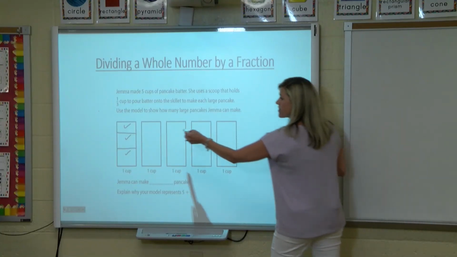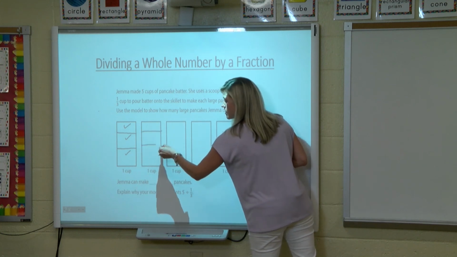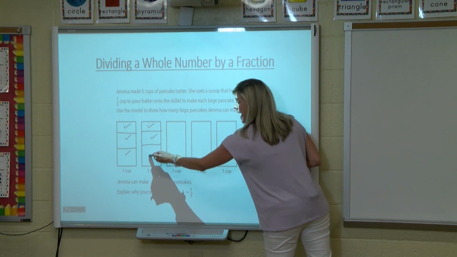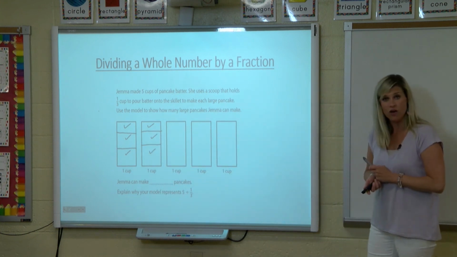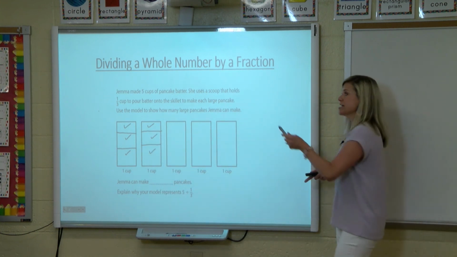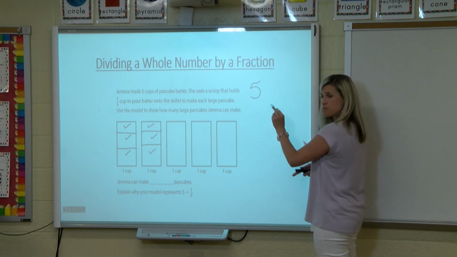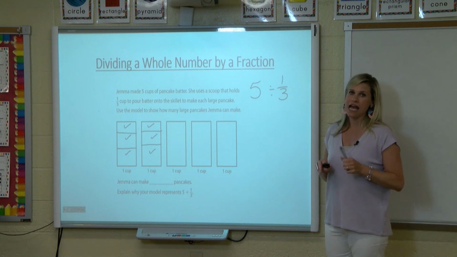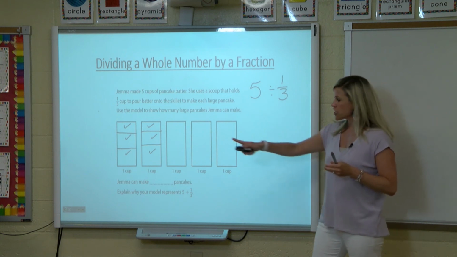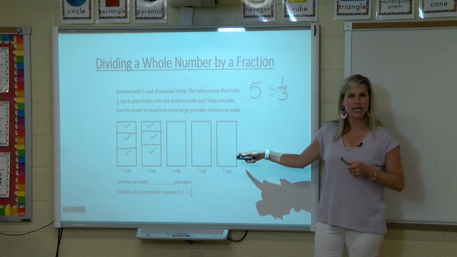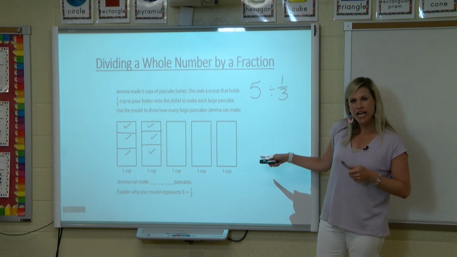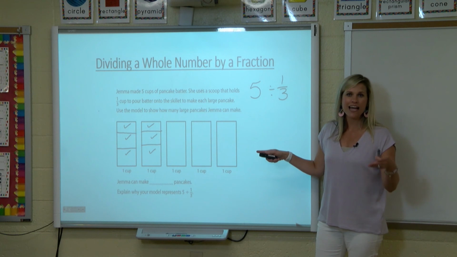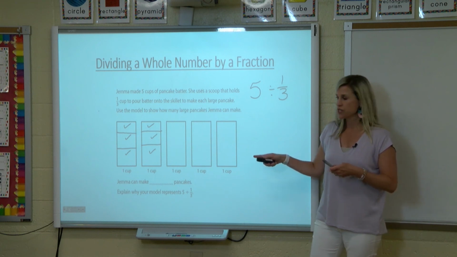Well, what about the next cup of pancake mix? How many pancakes are there now? We have 6 pancakes. So if we have 5 cups, and each pancake has 1/3 of a cup, I want you to look at the rest of this and tell me how many pancakes she is able to make if I take those 5 cups and I divide them by 1/3.